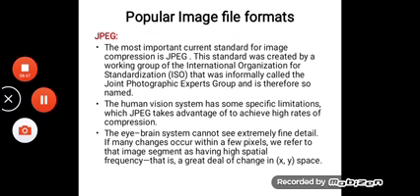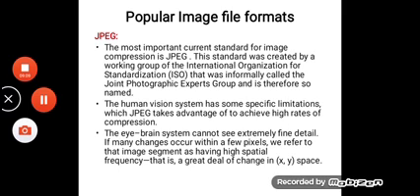Now the next popular format here is the JPEG. Like we have seen in an earlier chapter also, JPEG is one of the most commonly used file formats nowadays because of its higher compression ratios. It is the most important and current standard for image compression.